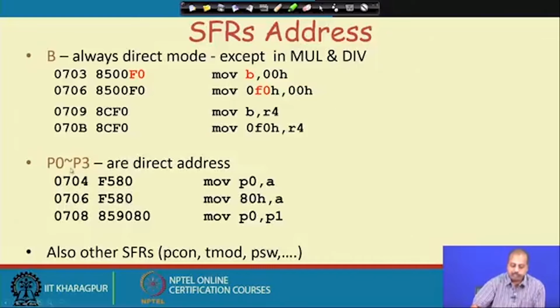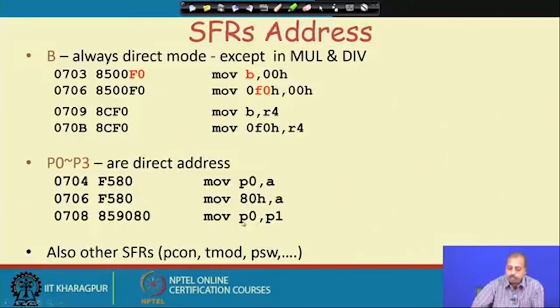Then P0 to P3 can be used as direct addresses, like MOV P0, A. The P0 register's address is 80 hex, so this is F580. Then we can have this instruction, which is also F580, but here 80 is mentioned explicitly.